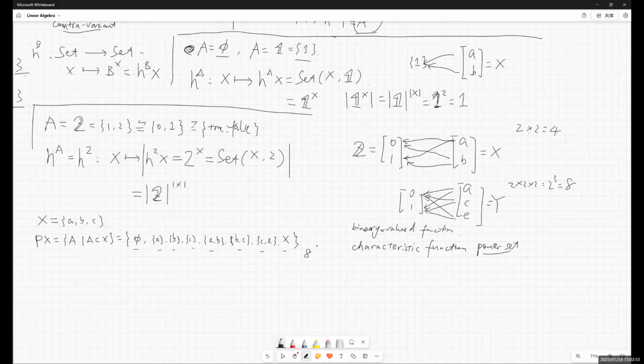Totally 8 elements. So the cardinality of the power set is 8.